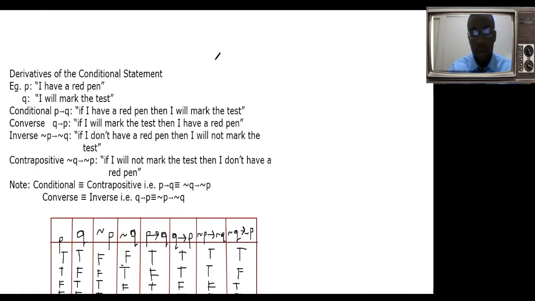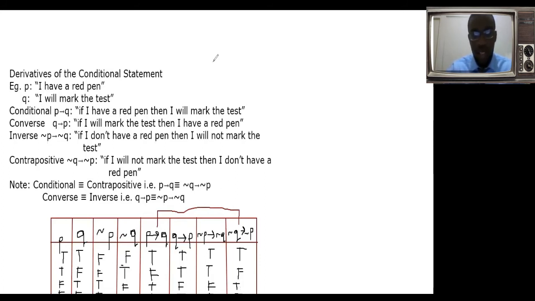Now let's compare what we see from the columns in the truth table. P implies Q has the same truth values as not Q implies not P. We have true, false, true, true. We have true, false, true, true.